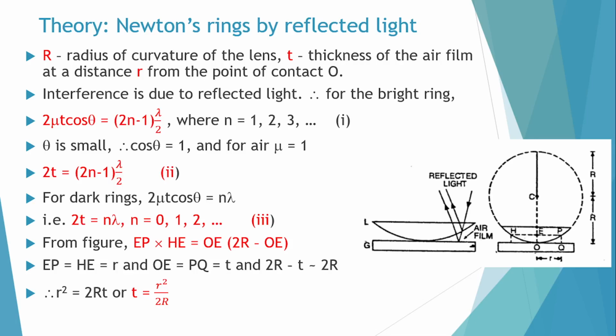So the formula will be r square equal to 2 into capital R into small t, so thickness T is equal to r square upon 2R. So this we have solved by the geometry of the figure here.